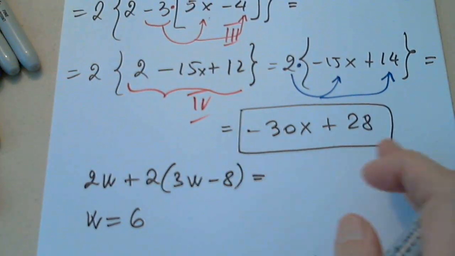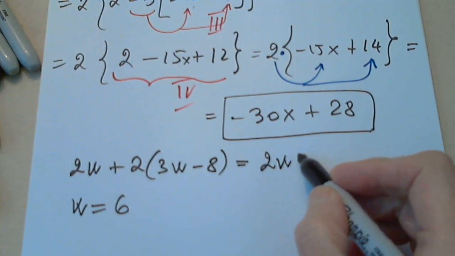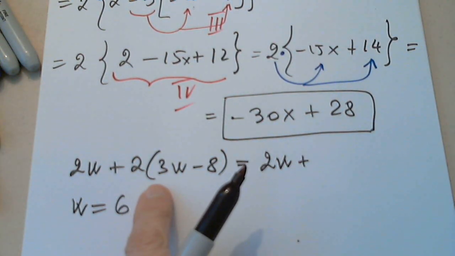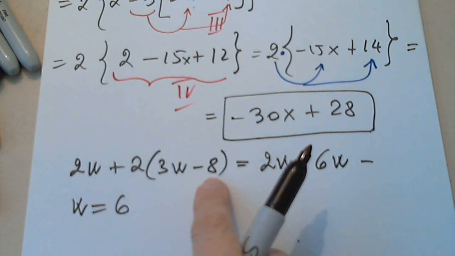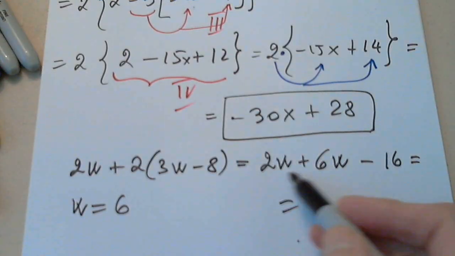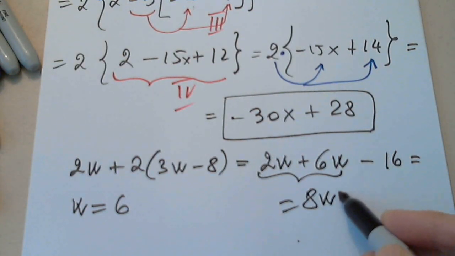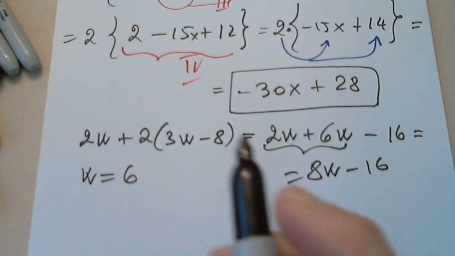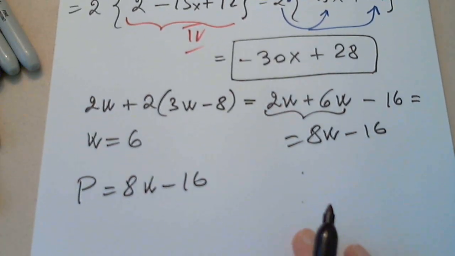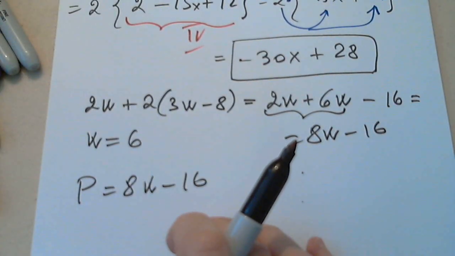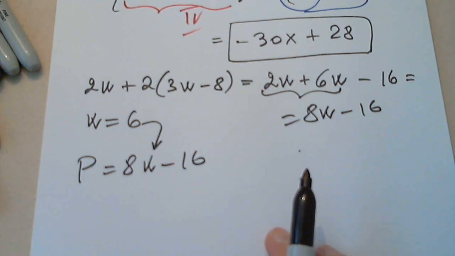Let's just do it step by step. So we have 2w plus 6w minus 16, good. And then you will combine like terms: 8w. So this is the perimeter, 8w minus 16. And we're asked to evaluate the perimeter when w is 6.